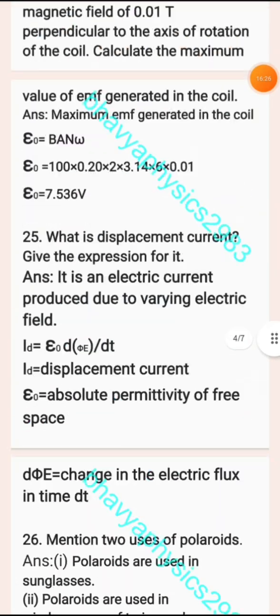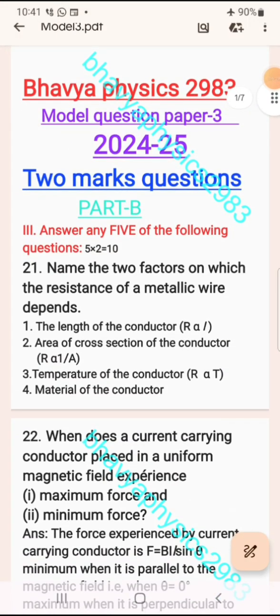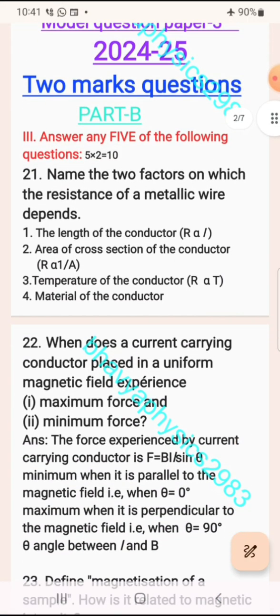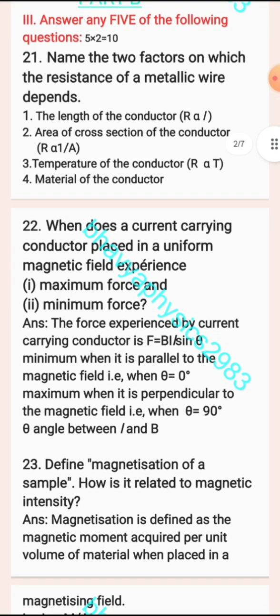2 marks questions. I have answered all 3 model papers of 24-25 2 marks questions, and they are easy to answer.